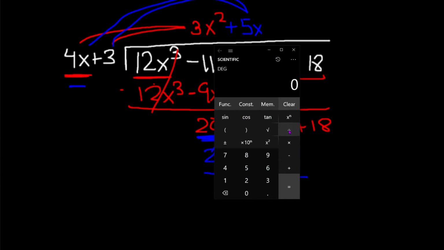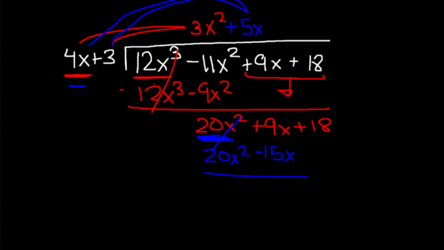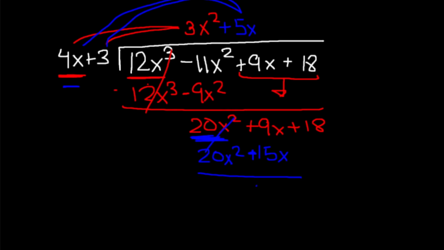Sorry, I don't want to guess the answer. Or is it 9 plus 15? Sorry, we're meant to do a positive 15 here because the negative and the negative will cancel out. So 9x plus 15x is going to give you 24x. Alright, and now we're going to bring down the positive 18.